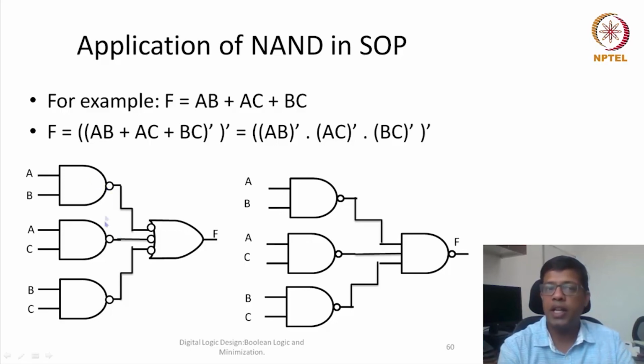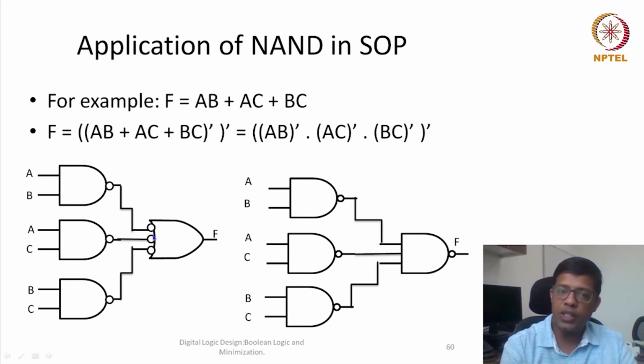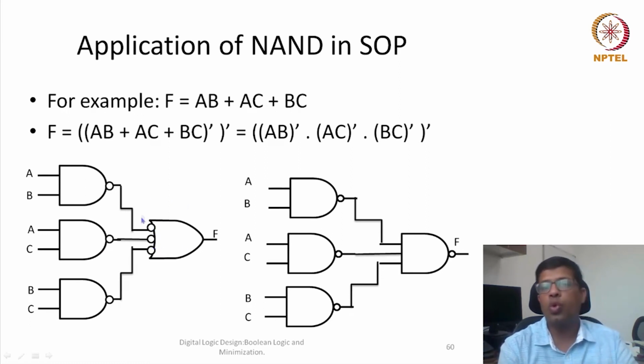This AND becomes NAND, and all these ANDs become NAND, and because of these inverters, this OR gate with the inverted input is essentially equivalent to a NAND gate. So this is how we can see this sum of product expression and its implementation using NAND gates. Here also the same logic applies. The basic idea of implementing all sum of product expressions using NAND gates is that we can have a generic implementation.